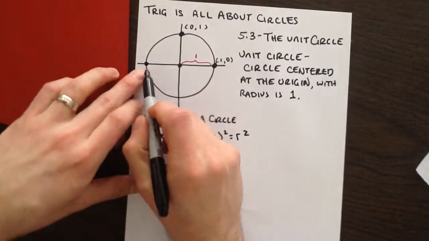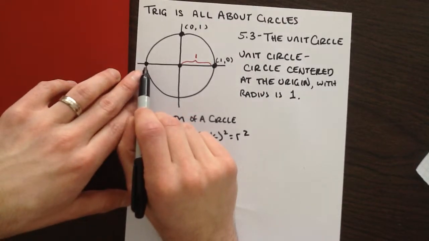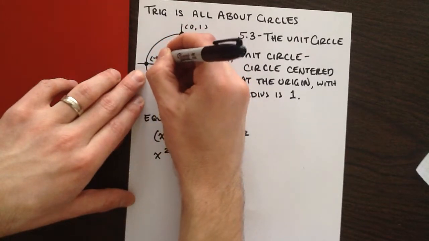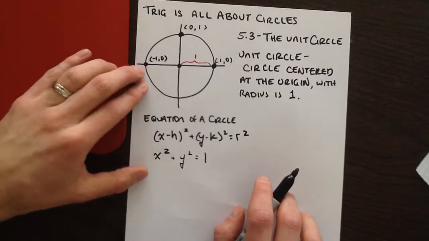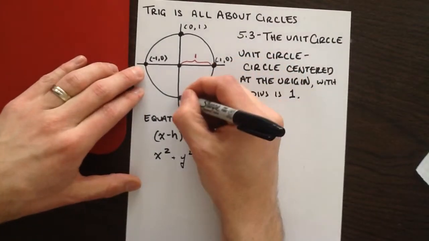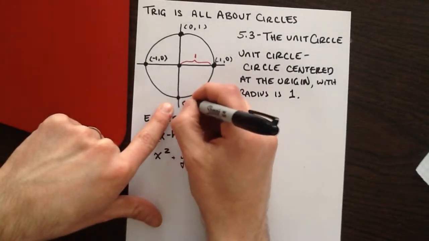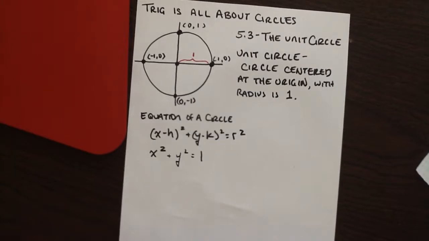What's the coordinate to the west, straight to the left? Not 0, 1, that was 0, 1. It's negative 1, 0. It can't be the same because it's in a different location. Straight down is 0, negative 1. Those are the coordinates for our quadrantal angles.